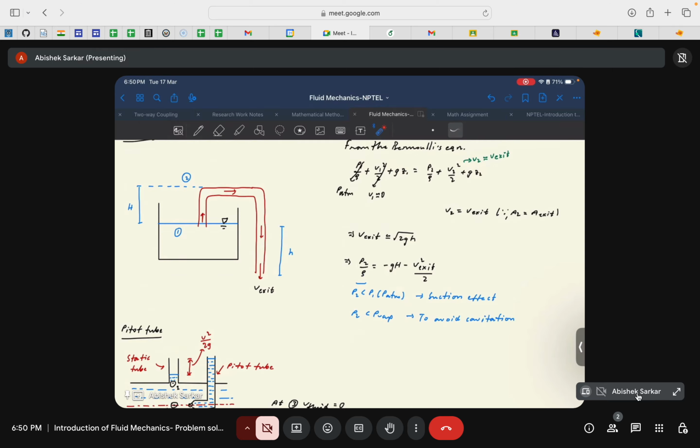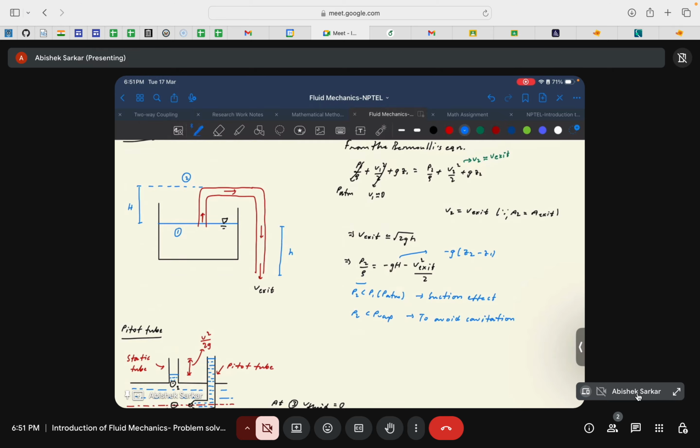Actually, let us discuss it: we have minus g times (Z2 minus Z1), and Z2 minus Z1 is positive. So all the terms are positive.